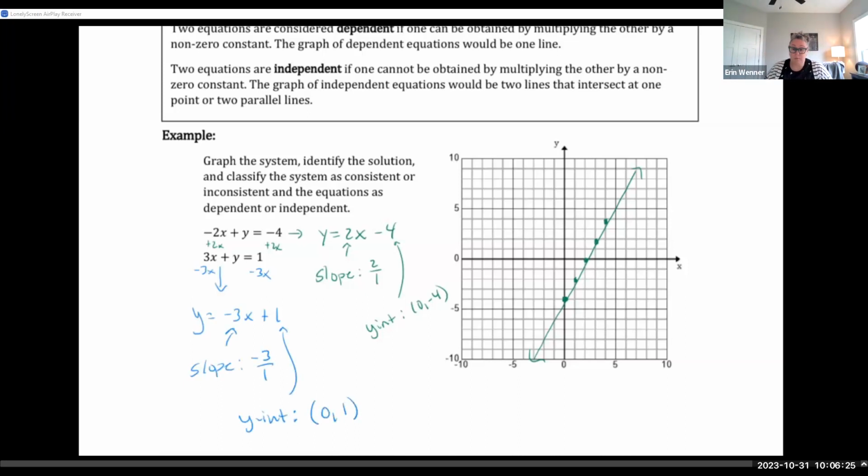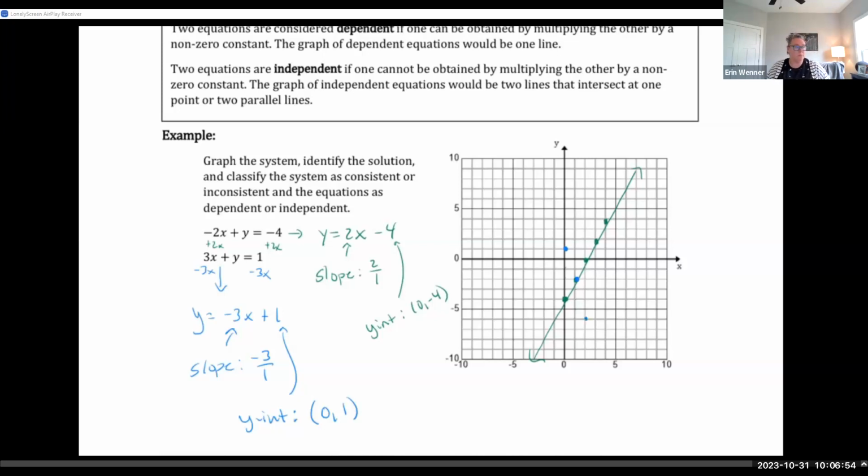So we're going to start by graphing that point, (0, 1). We'll use our slope of -3 over 1 to get to my next point. So I'm going to go down 3, over 1. And I can see I already have that spot overlapping there, right?